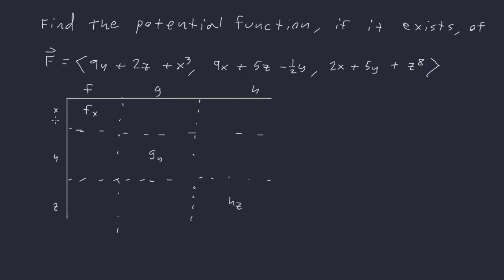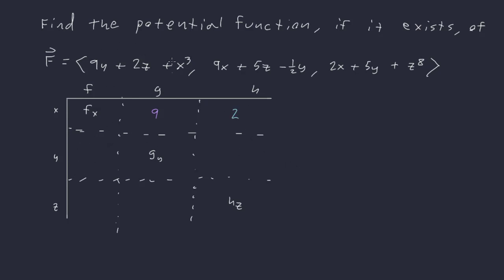Now we're going to check the other ones. So g sub x will be 9, plus 0 minus 0. Then h sub x will be 2.